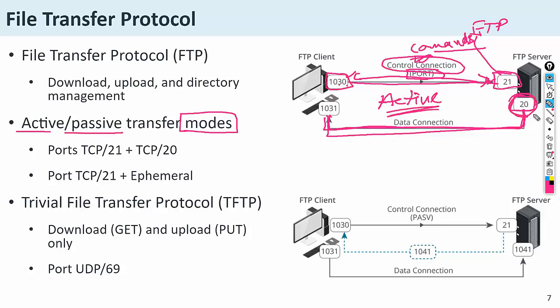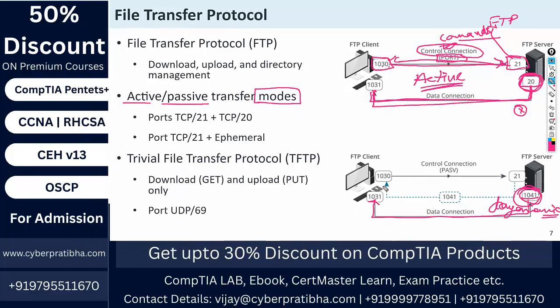But when transferring data, if the port number is not 20, it will be generated randomly. Any port number may be generated. It may be 141, 142, 1042 or 1041, any number. It means dynamically generating a number and then making the connection, and then transferring the data.